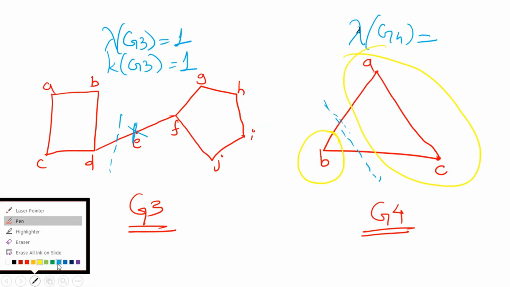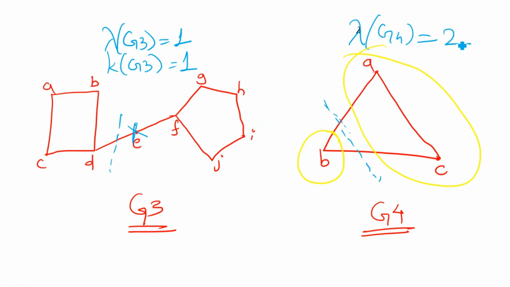So lambda of G is 2, at least two edges I should remove so that my graph gets disconnected. And k of this graph, which is a complete graph with three vertices, will be n minus 1, that is 3 minus 1, that is 2.